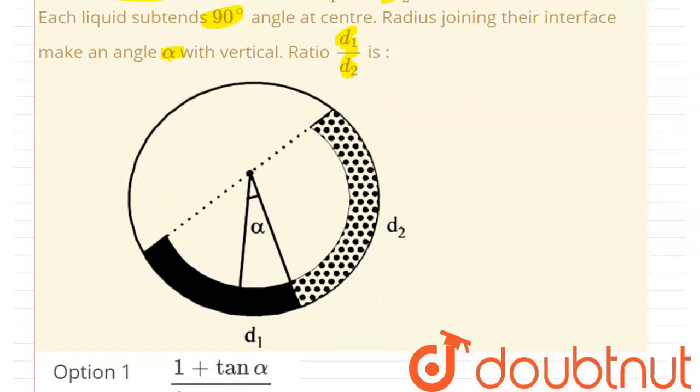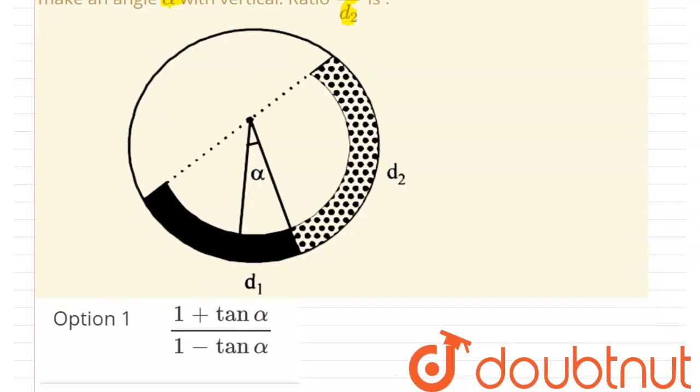So, you can see the diagram. The liquid interface is this, and this makes an angle alpha with the vertical, this alpha, right? So if I draw a reference line like this, you can see the height of both liquids from this reference line is different, right?